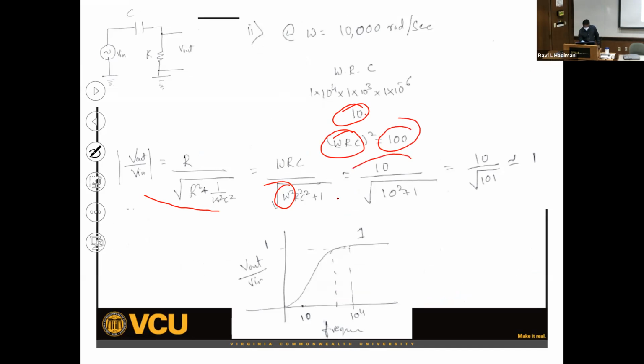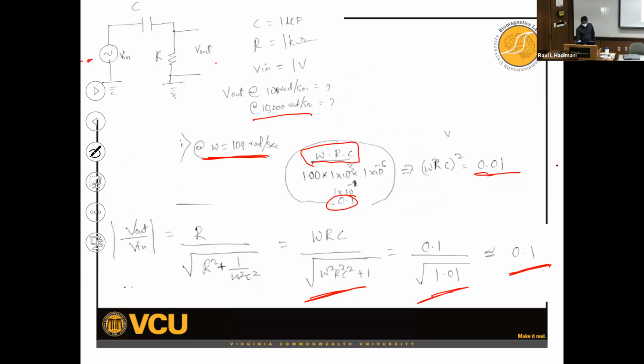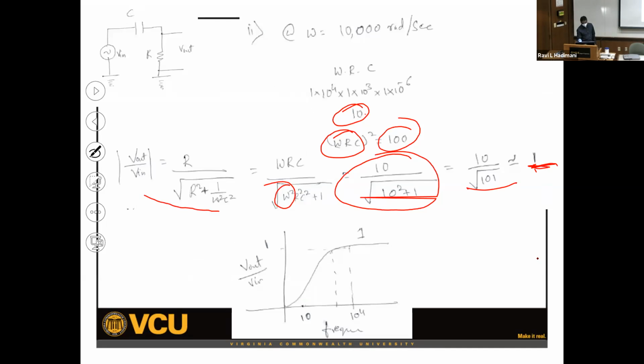So it's 10 by square root of 10 squared plus 1, that's 10 by square root of 101, which is almost equal to 1. So at 100 radians per second, your ratio of voltage out to voltage in is 0.1, whereas at 10,000 radians per second, it is 1.